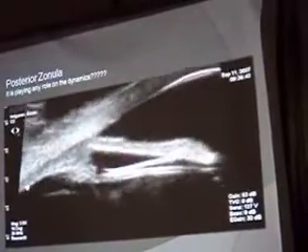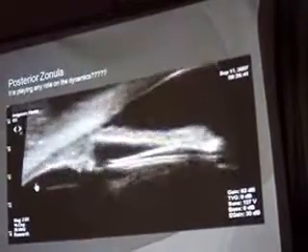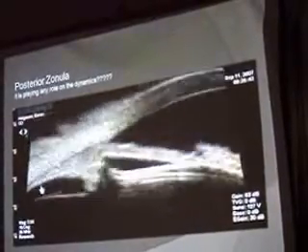This is the posterior zonula. Look at those lines that are coming through on top of the vitreous base. Those are posterior zonulas. Posterior zonulas have been described based on cadaveric findings, but never described functionally and in live mode.